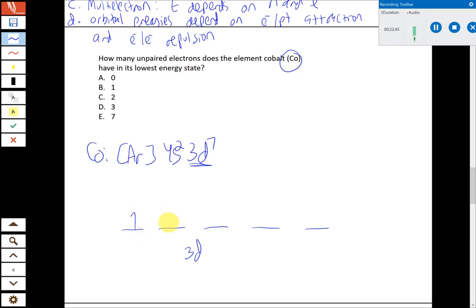So we're going to go 1, 2, 3, 4, 5. Then we're going to pair up 2 of them, 6 and 7. And that's going to leave here 3 unpaired electrons. So with 7 d electrons, you're going to have 3 that are unpaired. And so choice D, 3 unpaired electrons, is going to be the one that's correct.